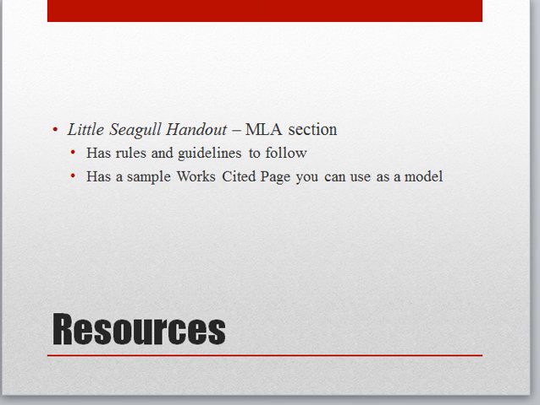So if you want some resources for how to format a different citation, you can look at your Little Seagulls book. There's a whole section on MLA, and it has rules and guidelines to follow, and it also has a sample works cited page you can use as a model.